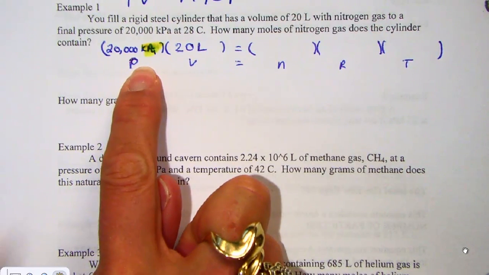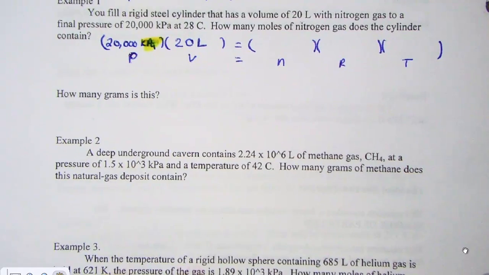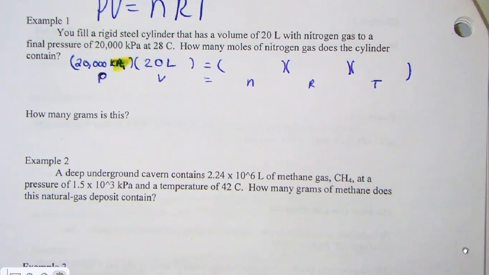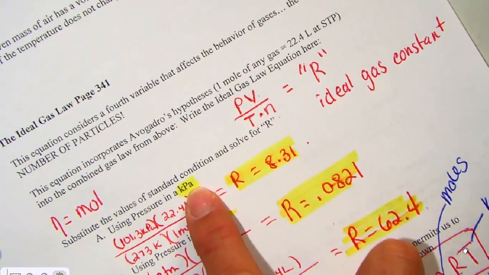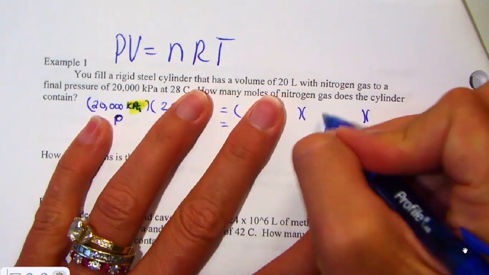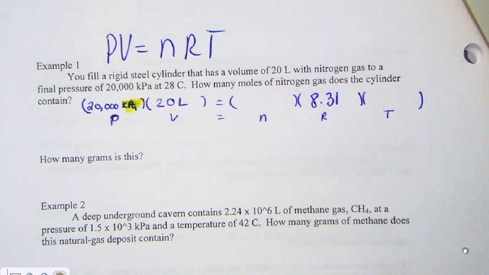So not only do I know P, I also know R in the PV = nRT. As we get more familiar, working towards memorizing, although they're on a knowledge poster, I have to remember to match my R constant to the kilopascal pressure. So I can see kPa, the R constant is going to be our 8.31. So now I know to plunk in 8.31, the value of R that we calculated from that previous page.